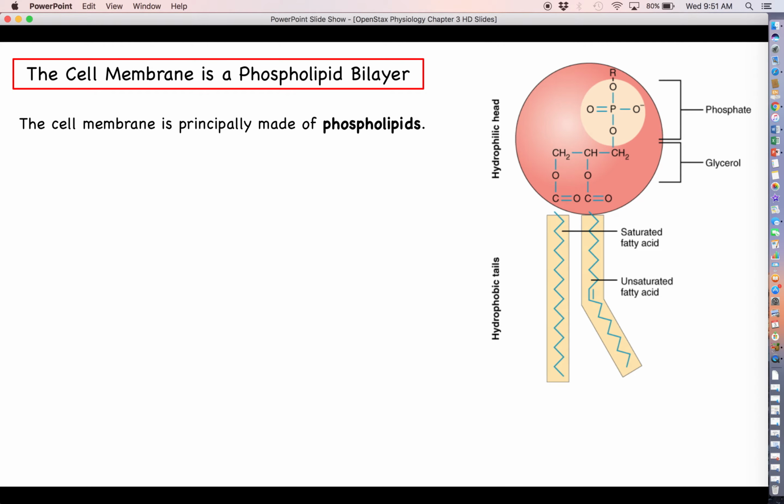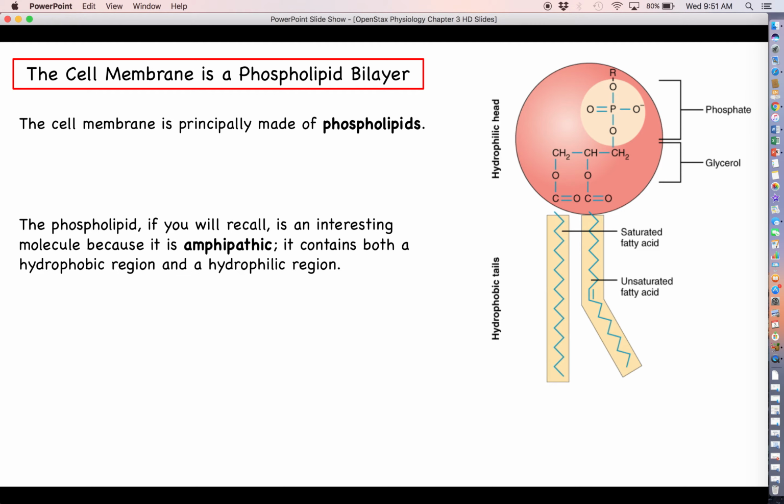You will recall that the plasma membrane, the cell membrane, is majorly made up of a type of lipid called a phospholipid. A phospholipid is a type of diglyceride, meaning it contains a glycerol backbone with 2 attached fatty acid tails, and then where the third fatty acid would go if it were a triglyceride, we instead have a phosphatidylcholine group.